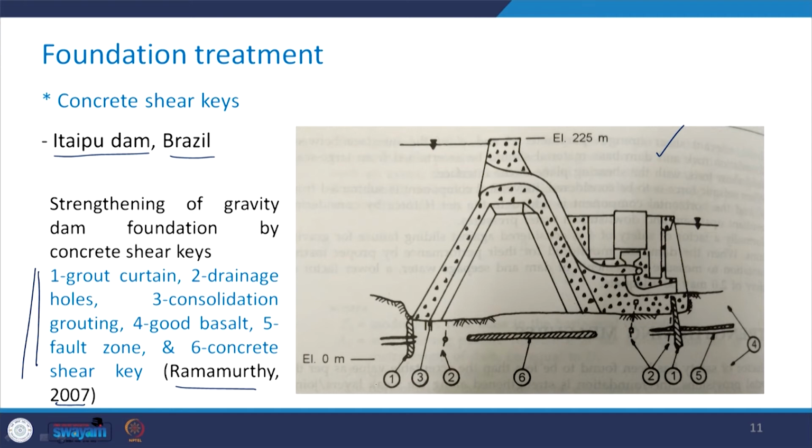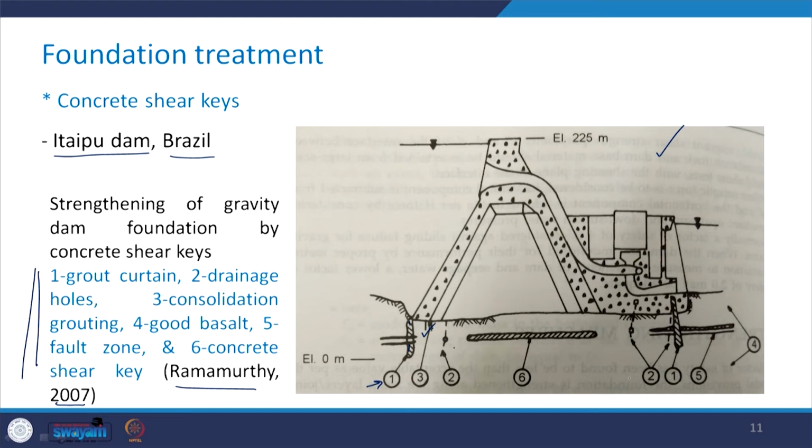You can see here that the first one is the grout curtain that is being provided. Then the drainage holes are there so that whatever excess pore water pressure is getting generated can be dissipated. Then you have the consolidation grouting here.